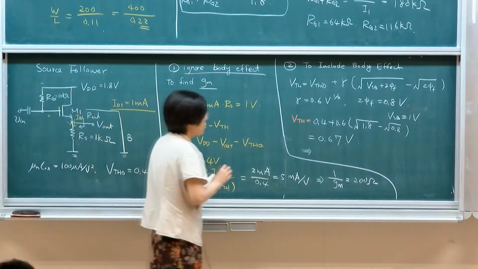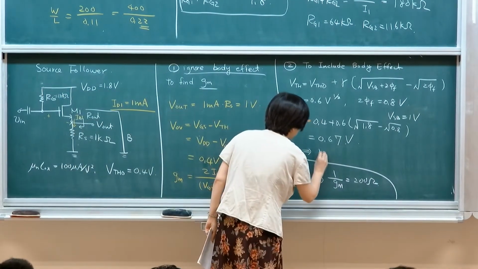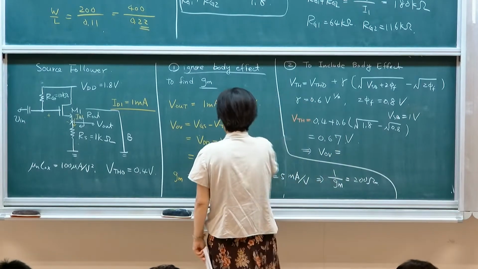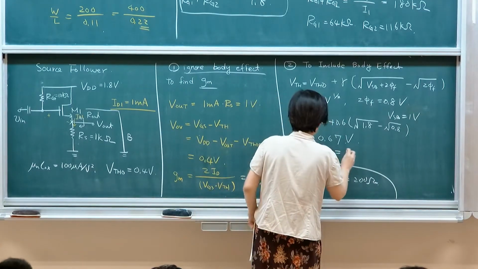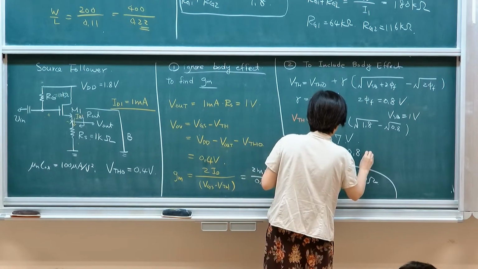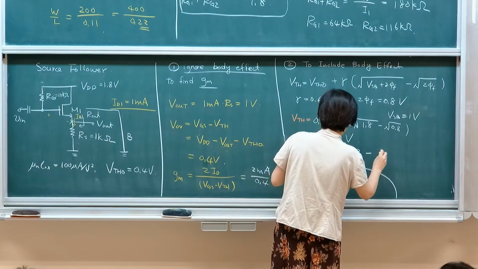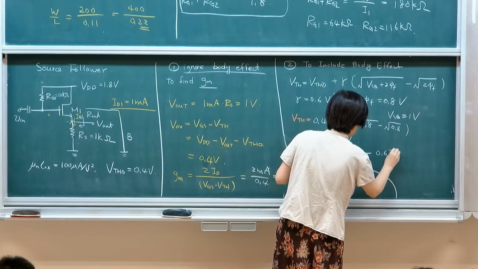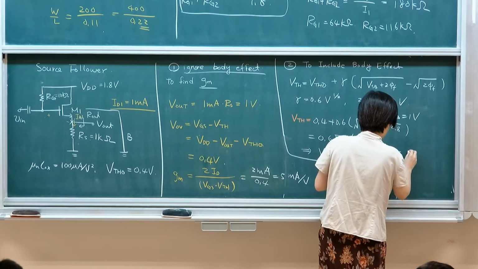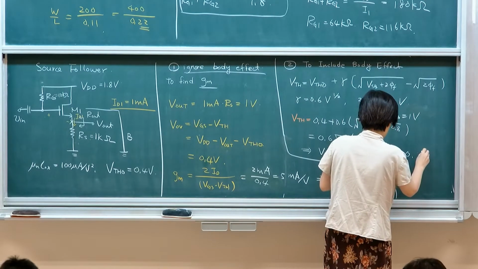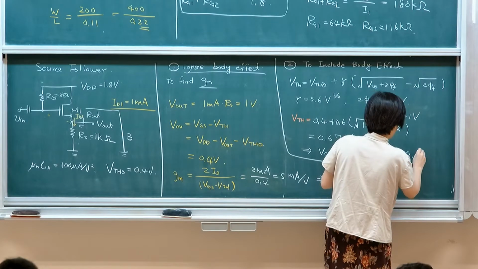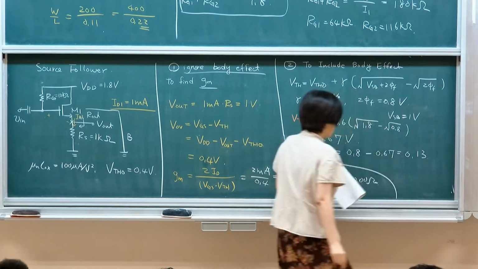But in this case, your overdrive will be 0.8 minus 0.67. Therefore, we'll have a much lower overdrive. I should say 1.3, correct?